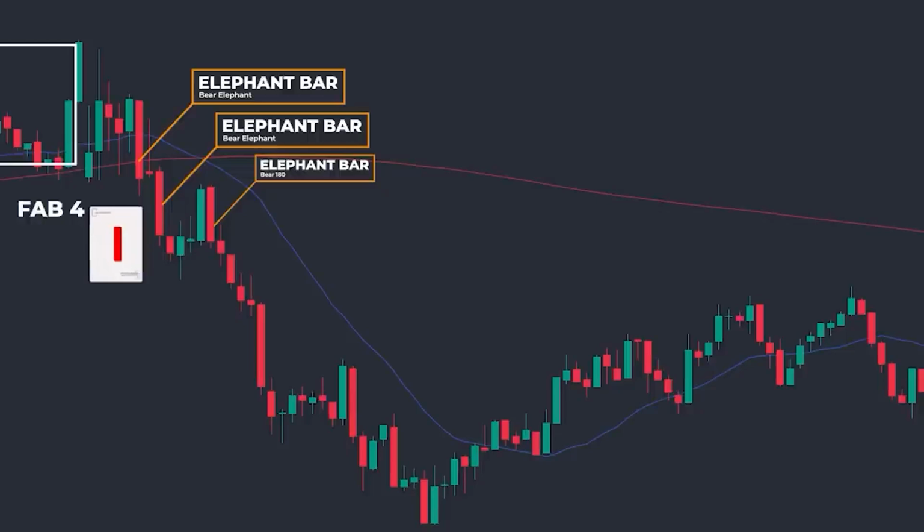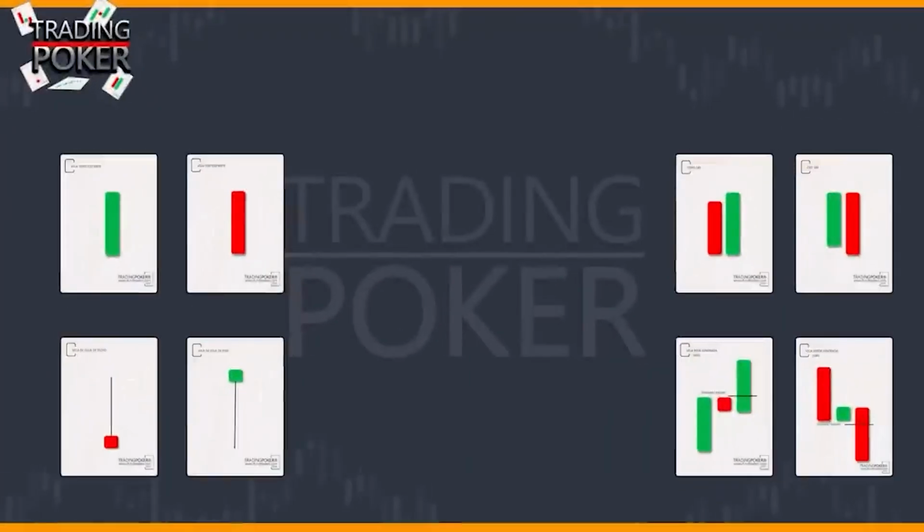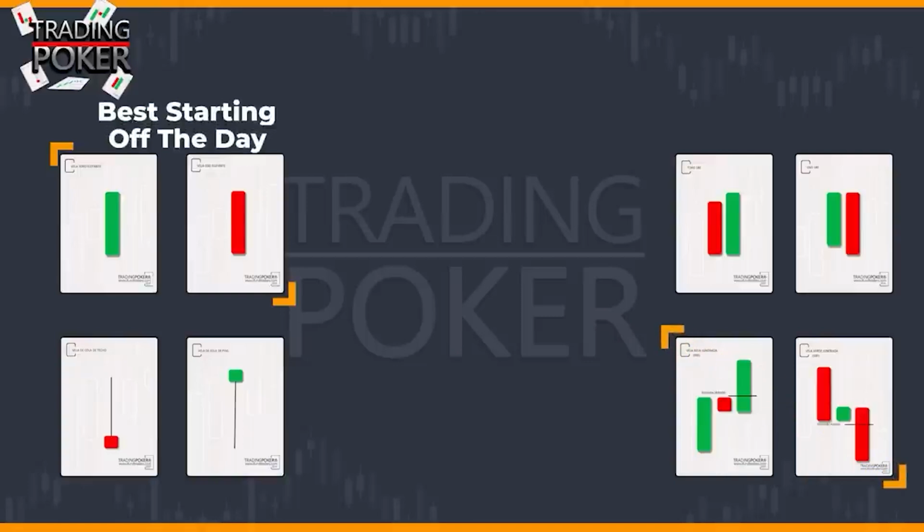We're not going to talk about that today, but yes. So elephant bars are best starting off the day. RBIs and GBIs should be the number one focus when you don't have a lot of loss room. You have a limited amount of capital to lose. Okay.